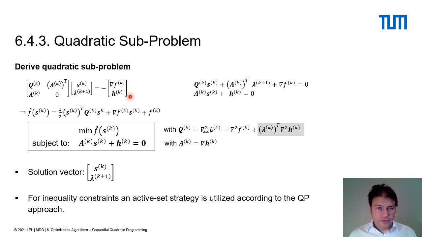So this here can be treated as the result of a quadratic optimization problem that looks like this, with a Q matrix and an SK vector that you want to solve for, and a constant vector, which is here the gradient of the objective function evaluated at xk plus a constant.